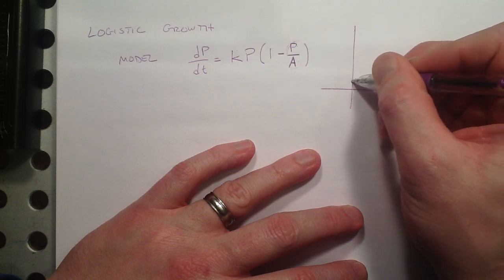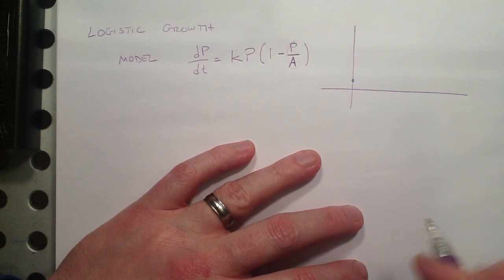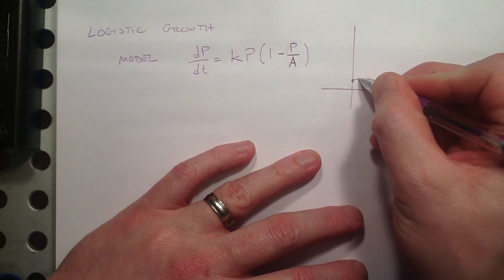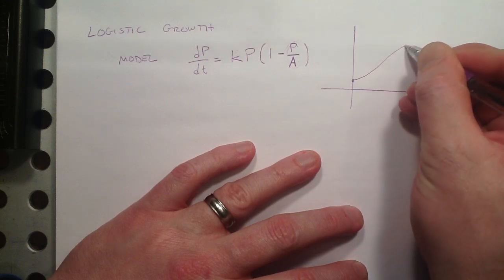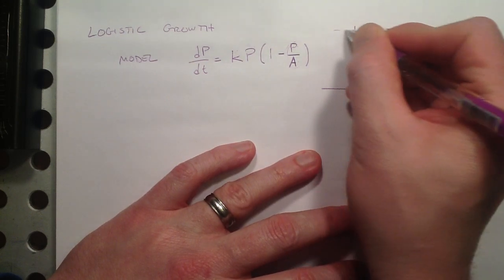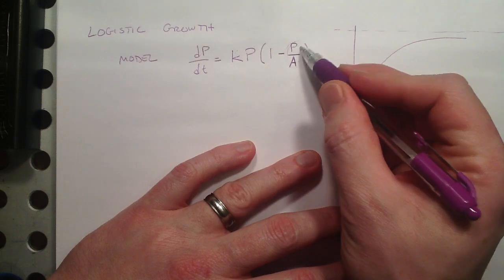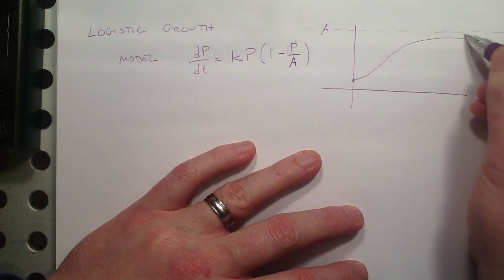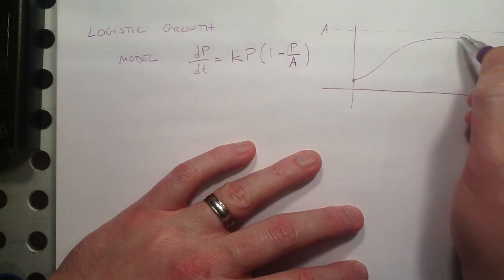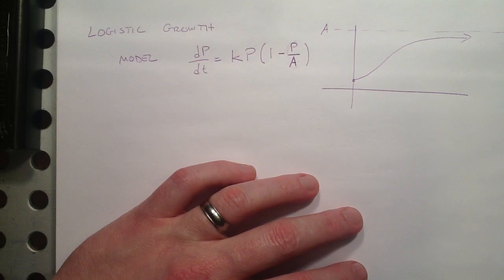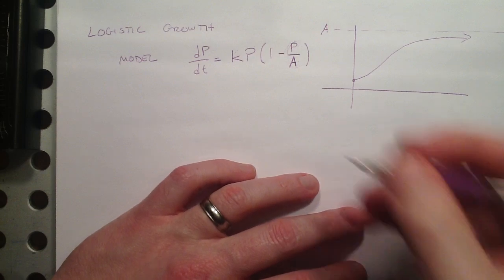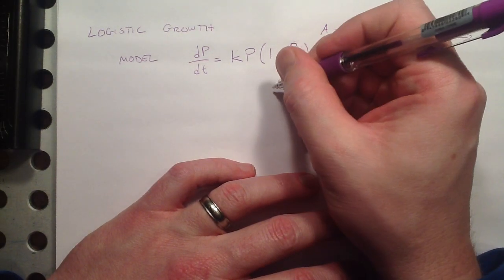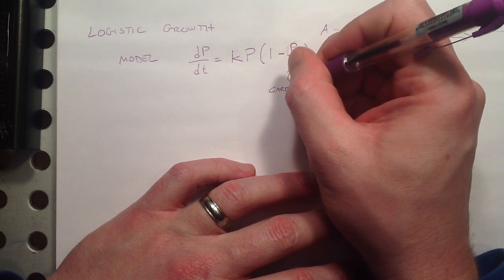If we start with an initial population, it starts out looking like exponential growth, and then as P gets closer to A, it gets asymptotically close to that population. And we call A the carrying capacity.